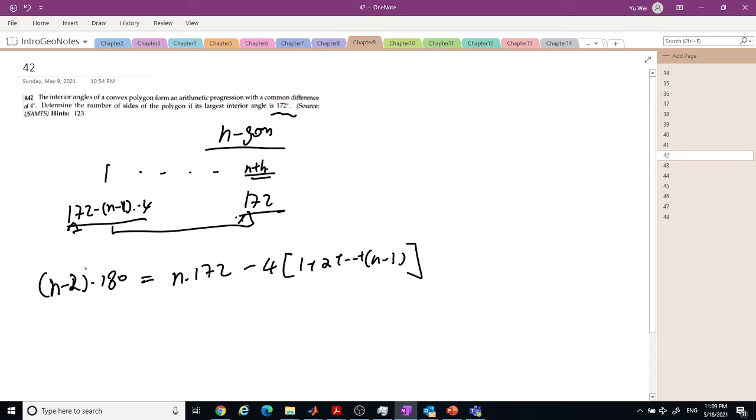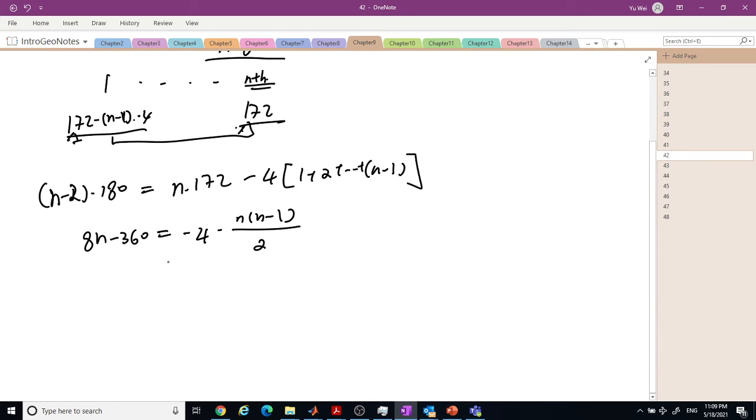Then we have n times 180, so 8n minus 360 is equal to negative 4 times half of n times (n minus 1). Then we can keep solving this.